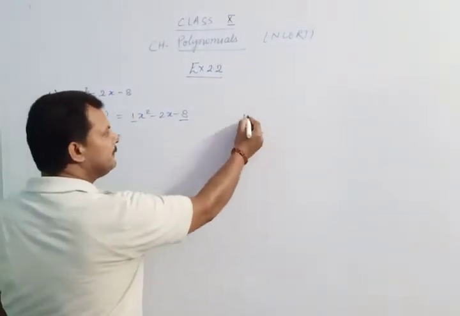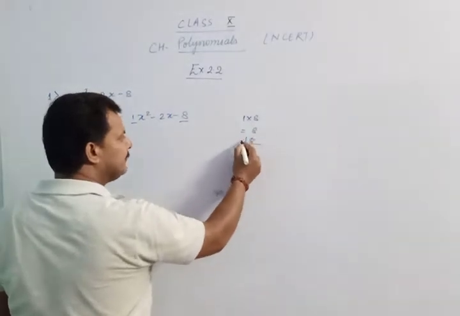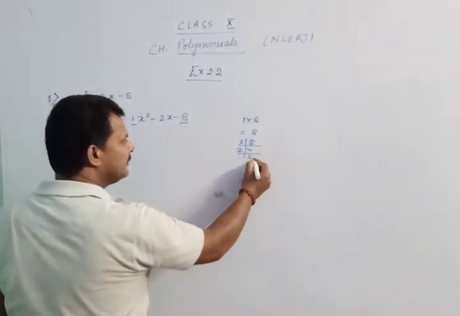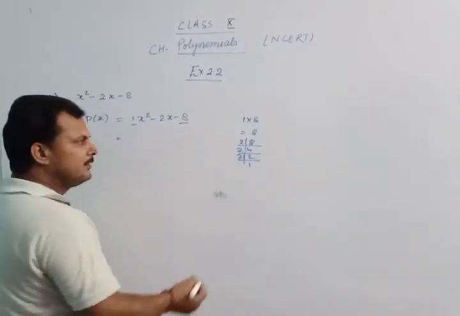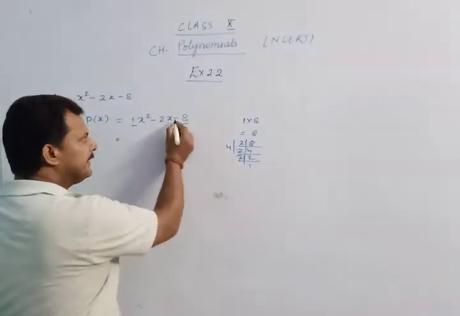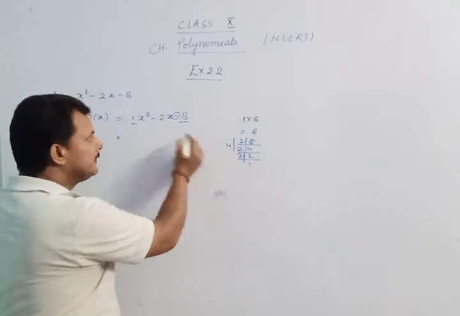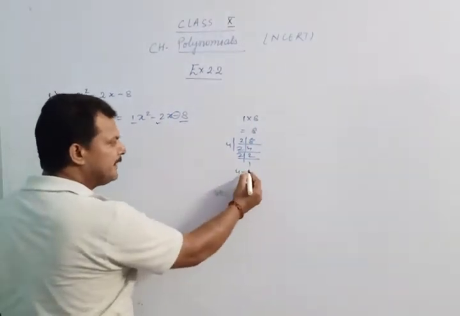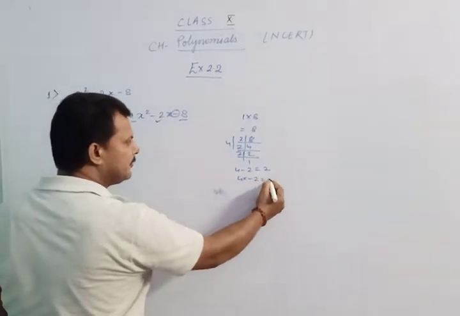So firstly multiply 1 into 8, you will get 8. Now get its factors: 4 and 2, 2 and 1. Now you have to make the groups. Here it becomes 4. Here is the minus sign, you observe, so you have to subtract to get the middle one. 4 minus 2 is equal to 2, and 4 into minus 2 is equal to minus 8.